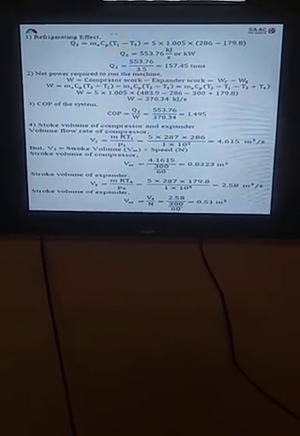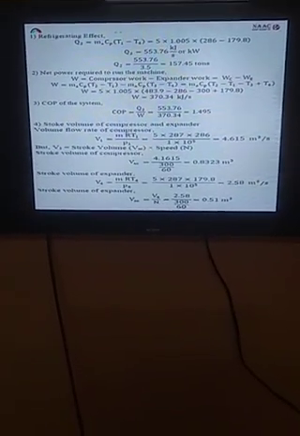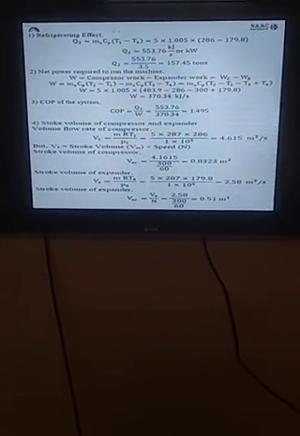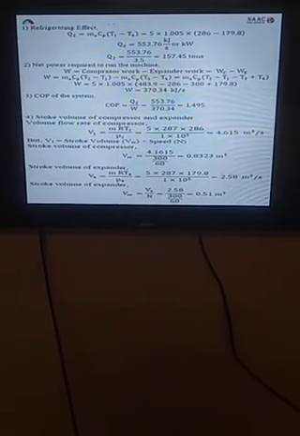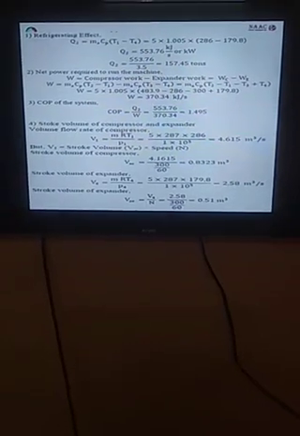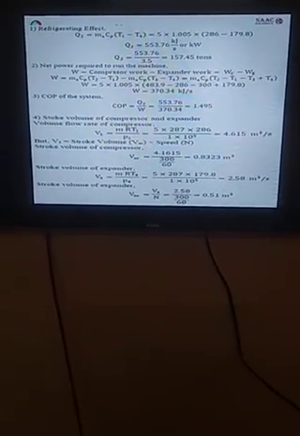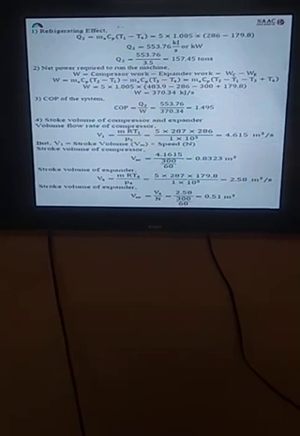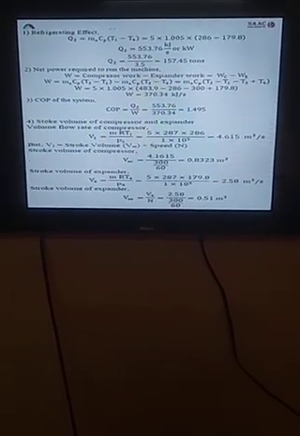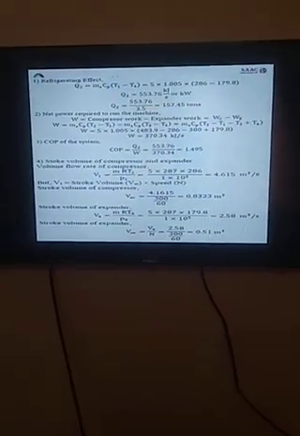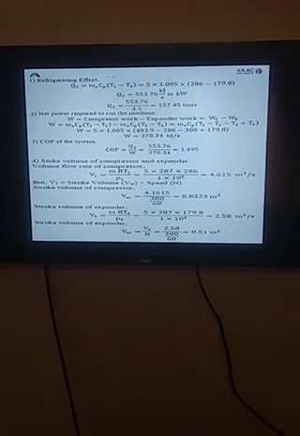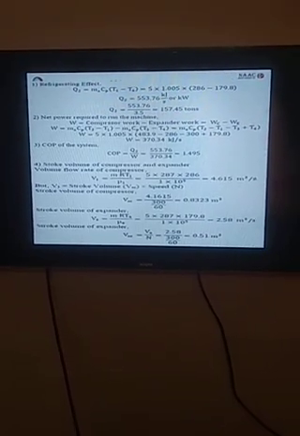And what is the speed of this particular compressor? That is 300 RPM. So that RPM needs to be converted, and hence V suffix Cs will be obtained as 0.8323 meter cube.